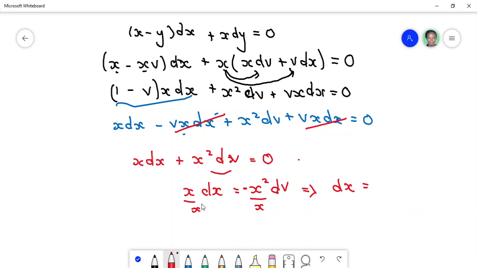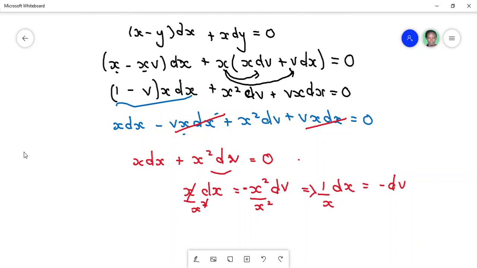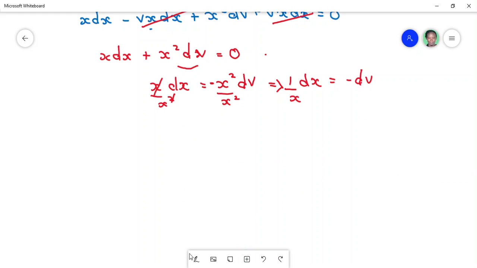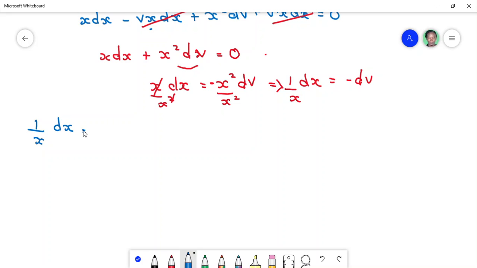Let me divide through by x squared rather, because that's the highest, so this will cancel that, so that I have 1 over x dx equal to minus dv.